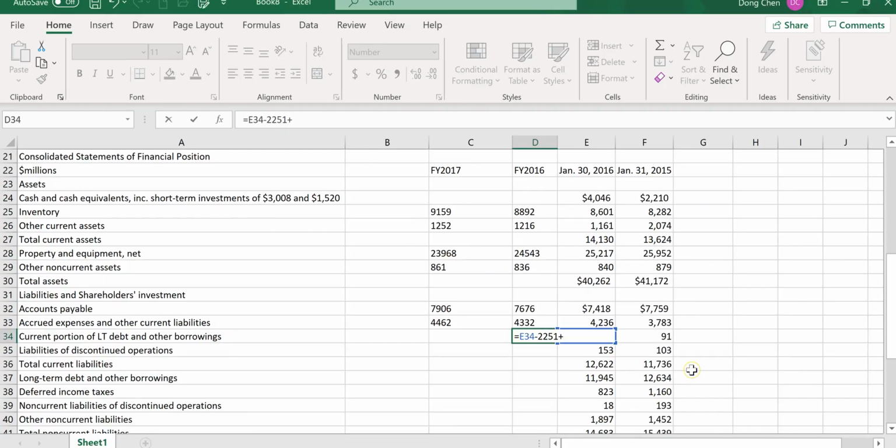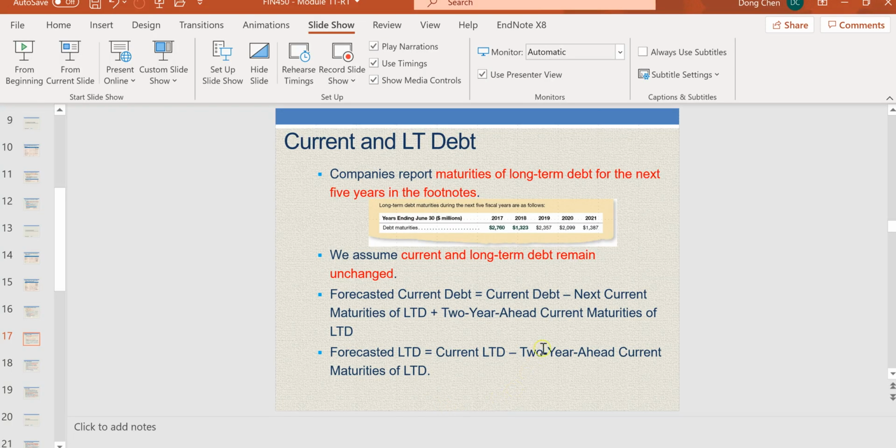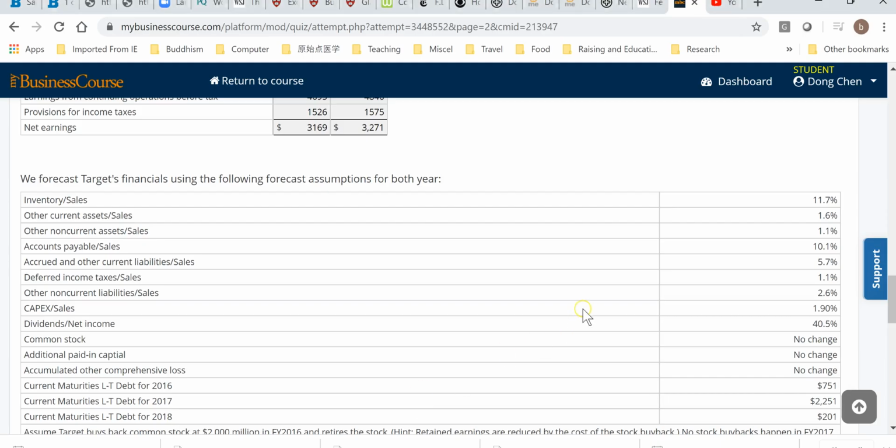Actually, here I think this number should be fiscal year 2016. That's what next current maturities of long-term debt refers to, because next is in terms of the current year. The current year here is fiscal year 2015, so that's why this 2016 number is the next year.